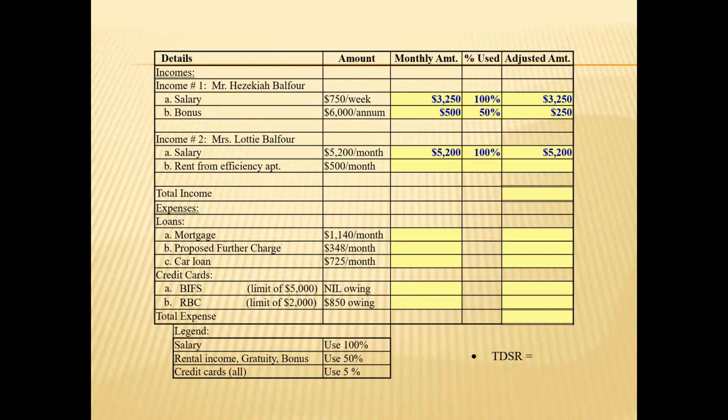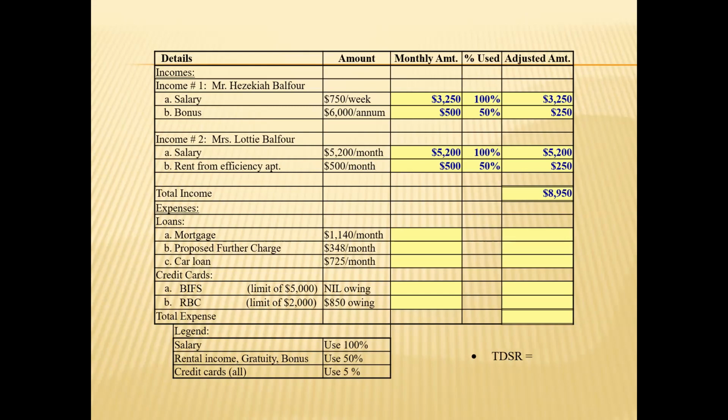Monthly amount would be 500, and adjusted would be 250, sir. Okay, so we use 50% of it. And then we add those four items together, and we get $8,950. Okay, so now we move to the expenses.